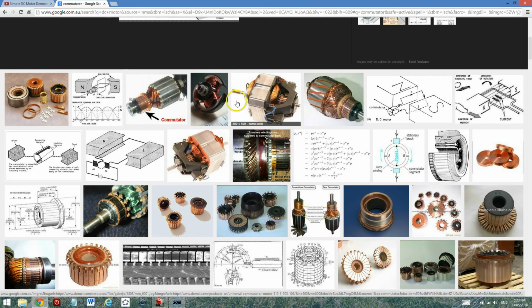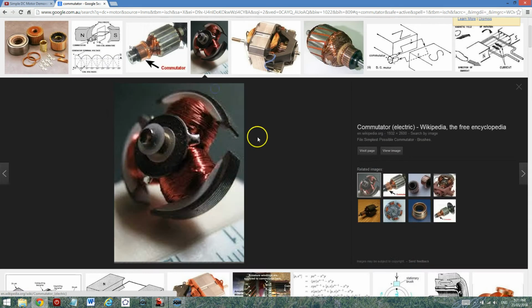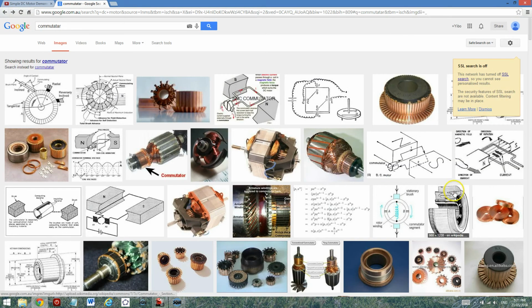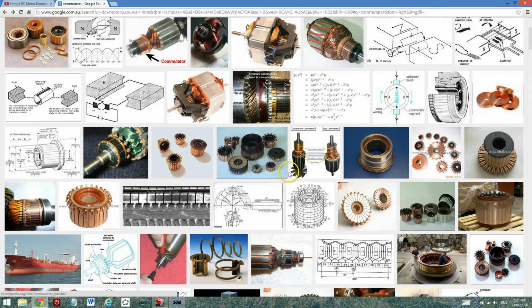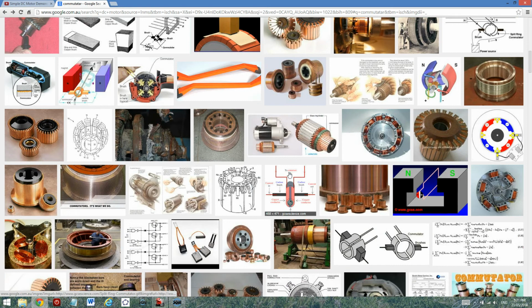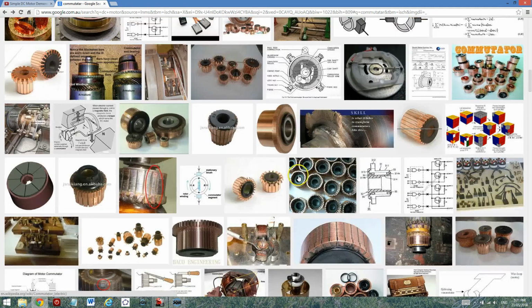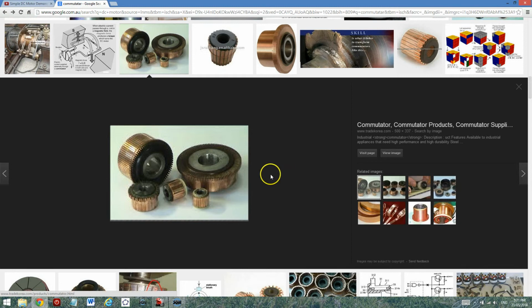It's just that this design makes the motor work far better. I tried to find a picture of a simple commutator for you. They really do look like that.